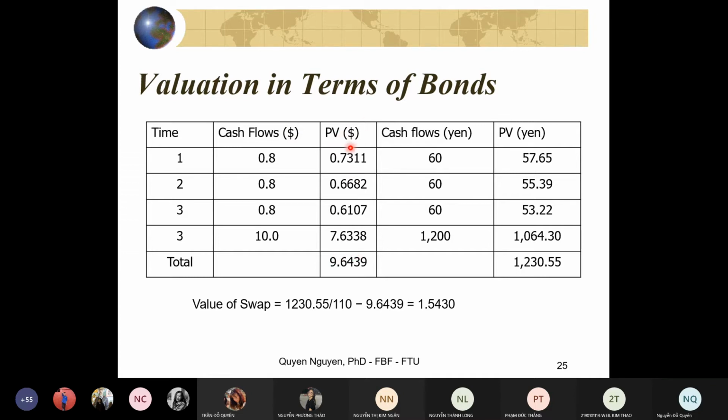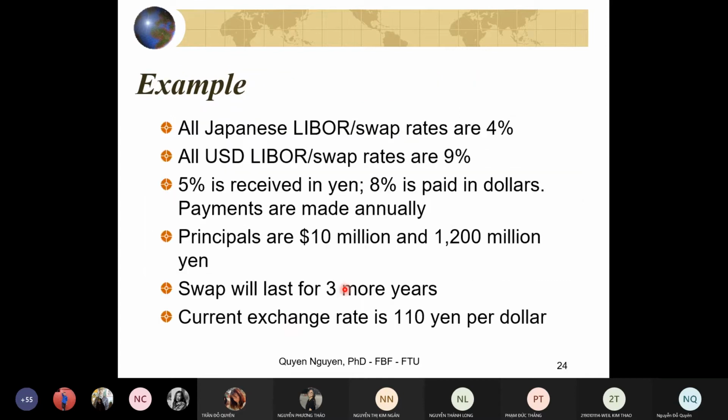For example, we have the cash flow exchange for the currency of US dollars and the Japanese yen. Then basically we discount all the upcoming cash flow to the present value, and then the value of the swap would be the present value of Japanese yen divided by the current exchange rate between yen and dollars.